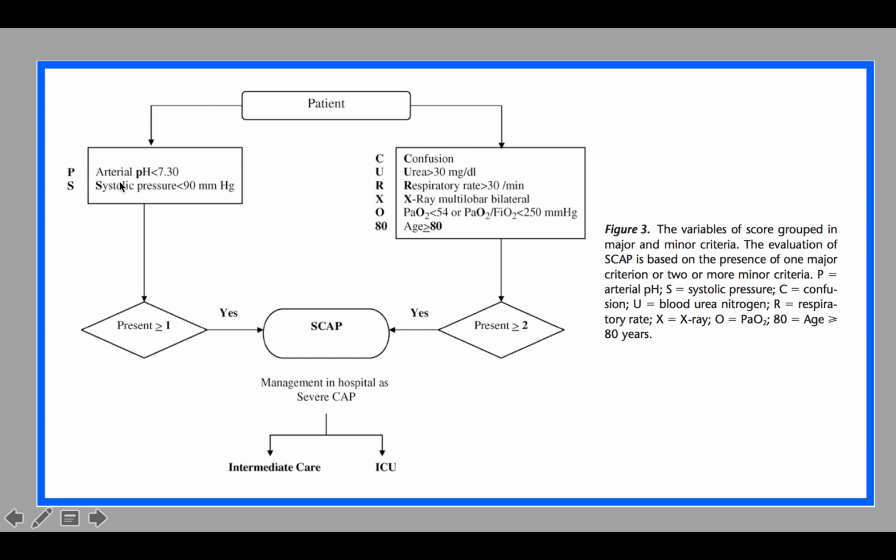In its criteria, you can see the 2 major areas versus the minor areas in the 8 different categories. If more than 2 are present here, there's probably a great chance of getting severe community-acquired pneumonia, whereas if in these major categories, more than or equal to 1 is present, then that could lead to SCAP. And then from here, it is up to the hospital to determine if they need intermediate care or ICU.